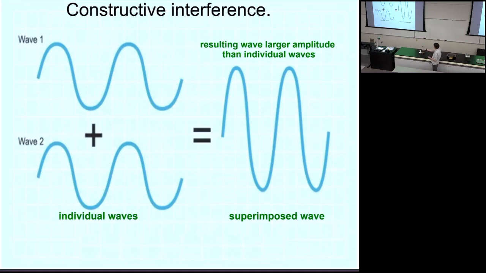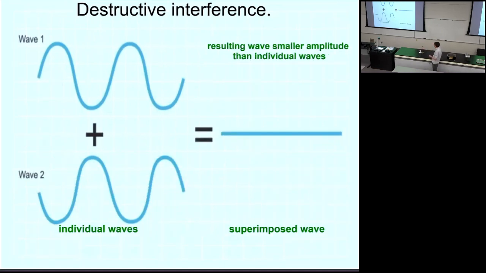So destructive interference is the reverse. Again, destructive interference is when we're going to have two waves combining with one another, converging on one another. But in this case, the two waves are going to combine together to make a resulting wave on the right-hand side here that is much smaller.